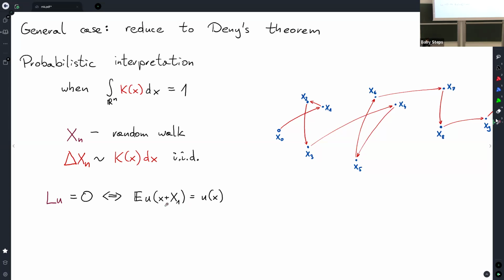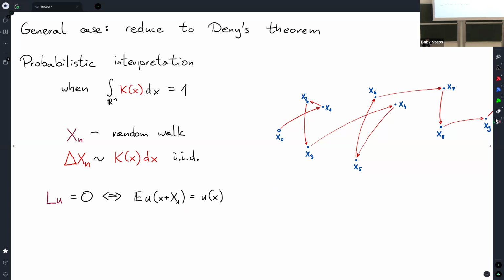You start your random process at x, and you see where it is after one step, and take the mean value of U with respect to that distribution. That mean value is equal to the value of U at x. So this is a replacement of the mean value property for harmonic functions.